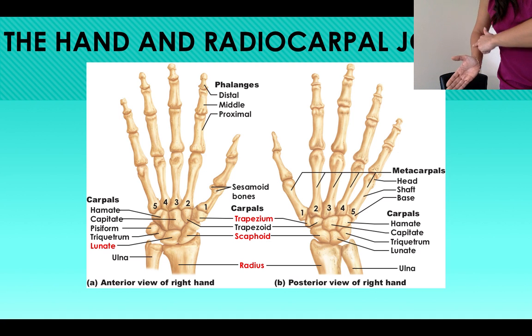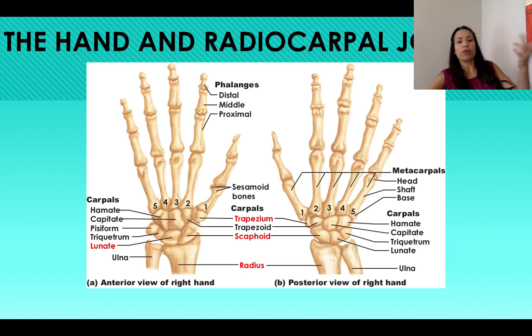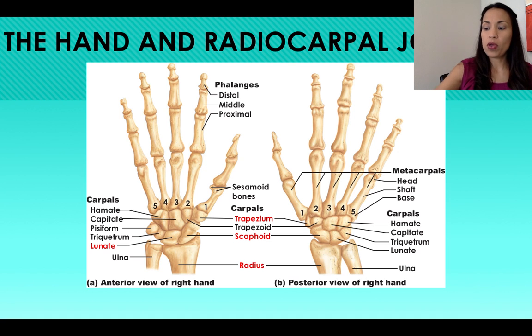It is also called radial deviation because the radius is located on this side, remember? So radial deviation, very handy to remember that. And the opposite movement is adduction with 2 D's, and this is also called ulnar deviation. Those are the movements that we can perform at the radiocarpal articulation.